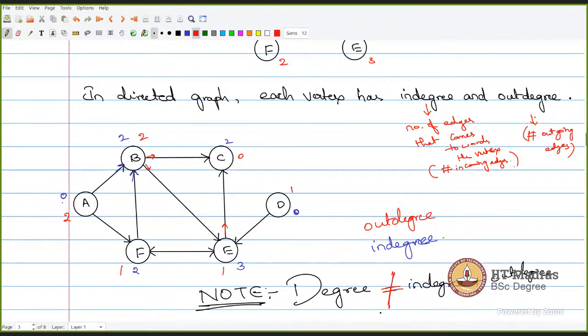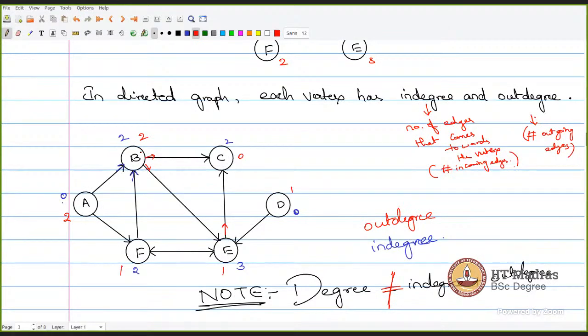This is not true. There is no degree of a vertex when it comes to a directed graph. There is a separate in-degree and a separate out-degree, so it doesn't imply that the degree of this particular vertex is 2 plus 2.